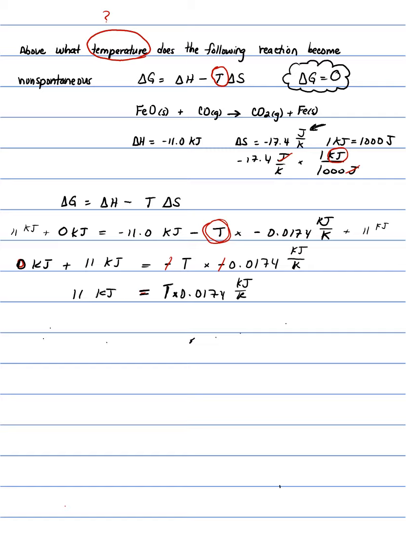So now I'm trying to isolate T, so since it's been multiplied by 0.0174, I'm going to divide by it.